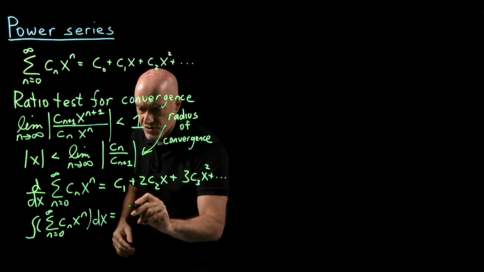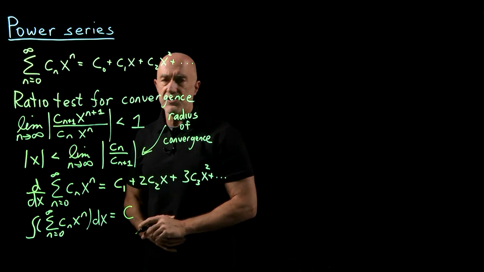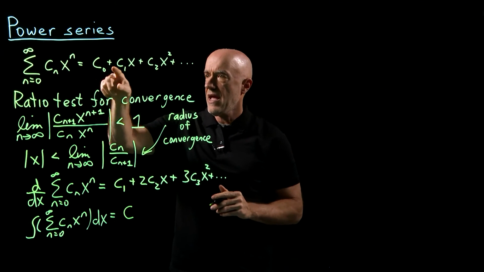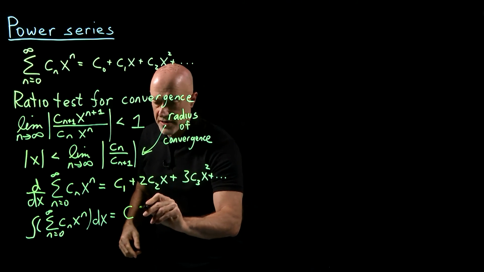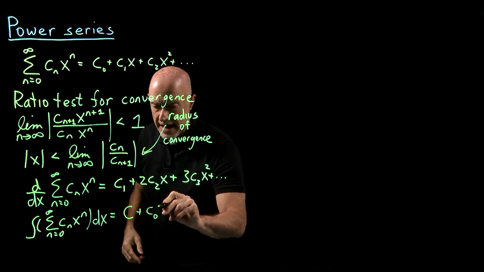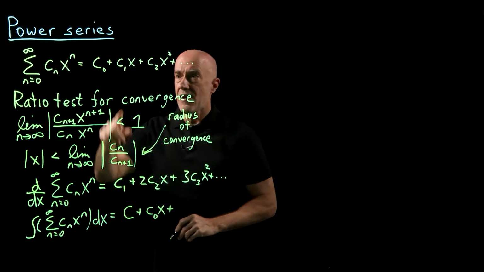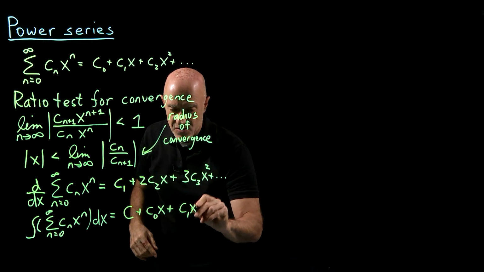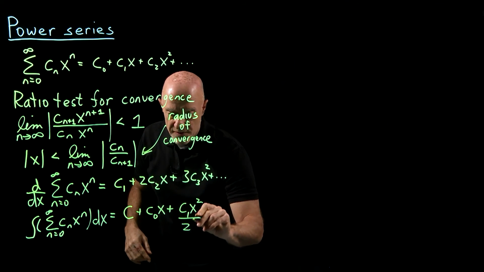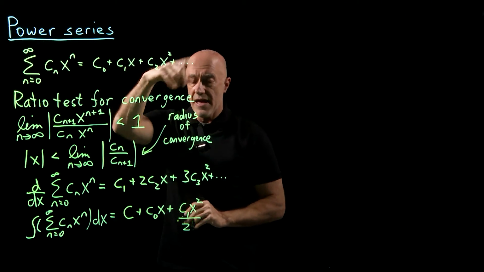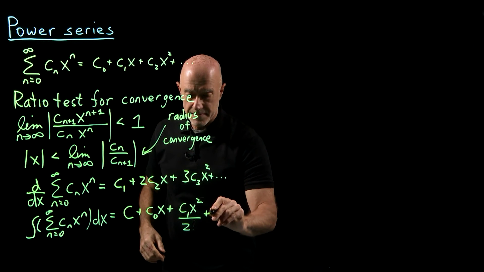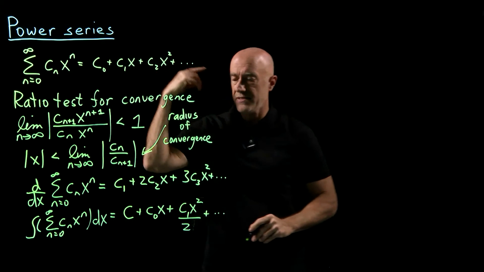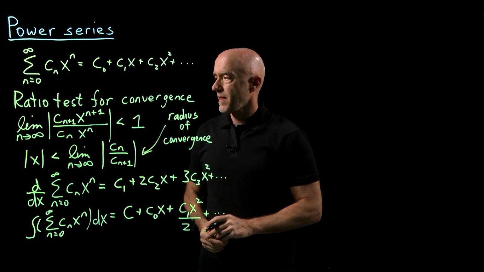So we can introduce the constant in the front here. Let's just call it c. And then we're integrating c naught, so that becomes c naught x. And then we're integrating c1x, that becomes c1x squared over 2, and then so on. So every term gets integrated.